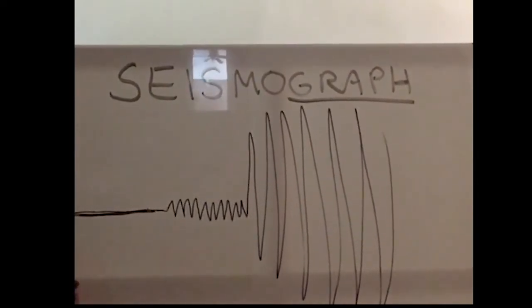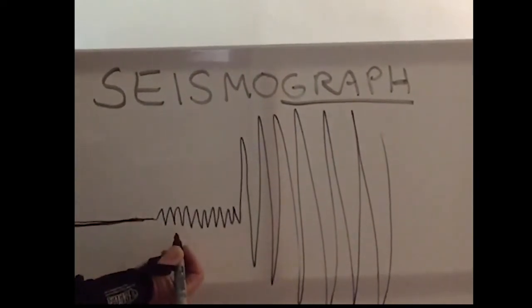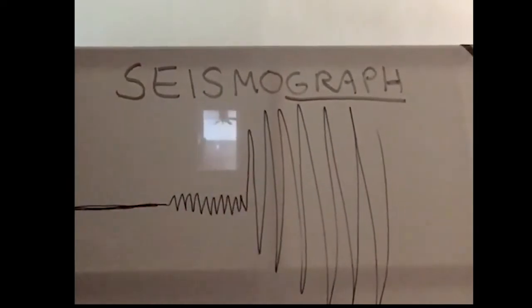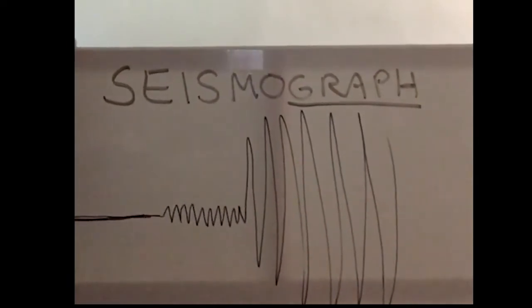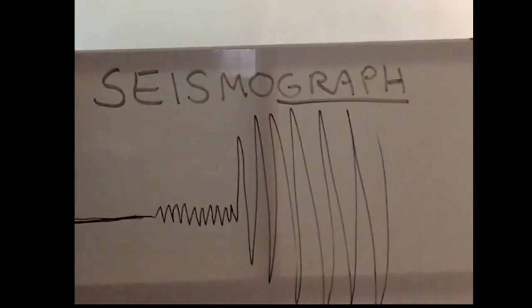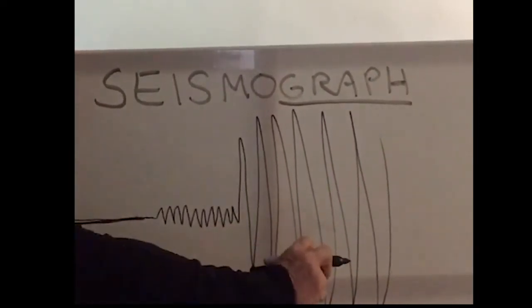Here we have no seismic activity. Here we have our first set of waves, and here we have a second set of waves. These are the seismic waves produced from an earthquake. And we learned about the two types, P waves and S waves. The ones that come first are the P waves, and these are the S waves.